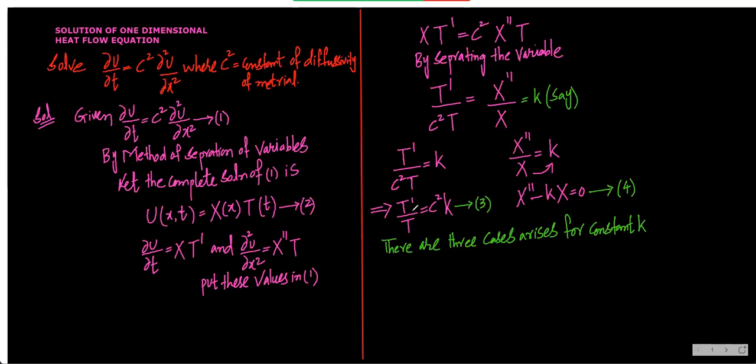If k is 0, we can cross multiply and simplify: these two equations are mathematically the same. If you put k equal to 0 and cross multiply, you will get T dash is equal to 0. That is another simplified form of the equation. You can use it later on.